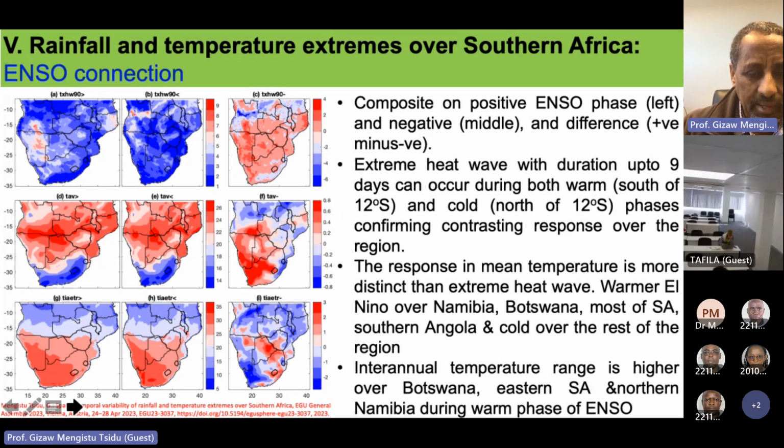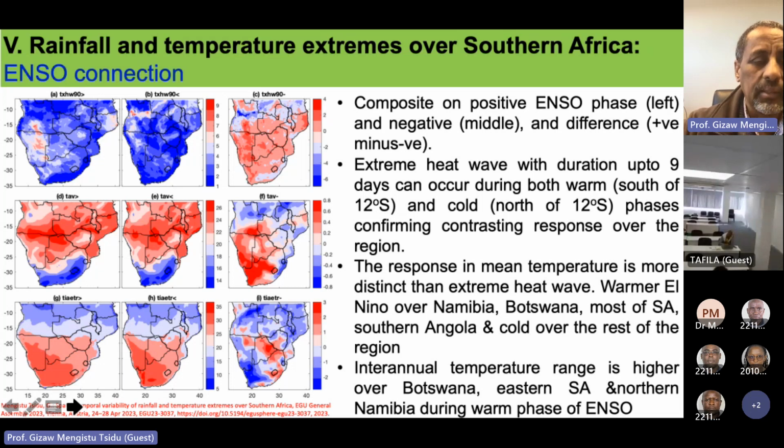So this is again the ENSO influence on temperature. Earlier, we have seen the ENSO influence on parameters or indexes that describe precipitation: dry day persistence, continuous wet days, and percentage of events with rainfall greater than the 90th percentile.